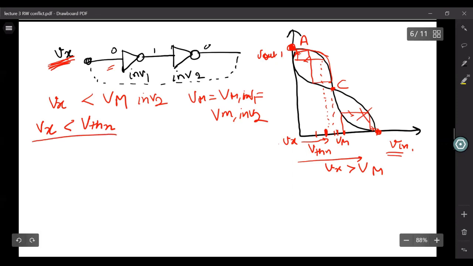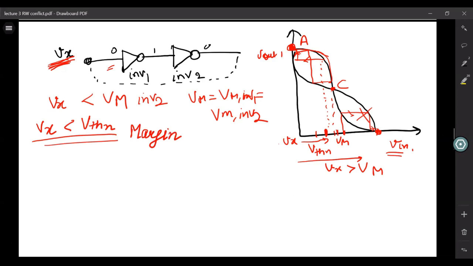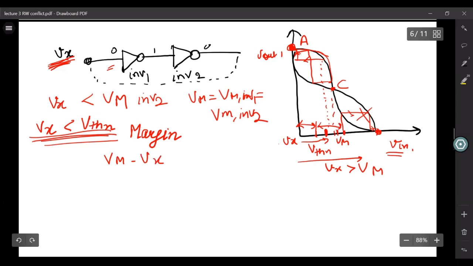However, why do they take Vx less than Vthn as the condition? They take this as the condition just to have some margin. Let's say if I design my cells such that Vx is less than Vthn, my Vx won't increase beyond this point ever. So I have this margin, which is Vm minus Vx.